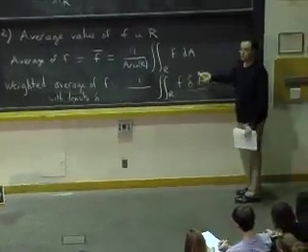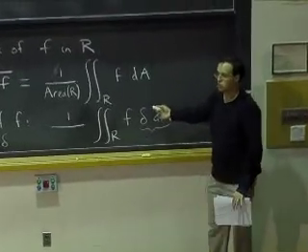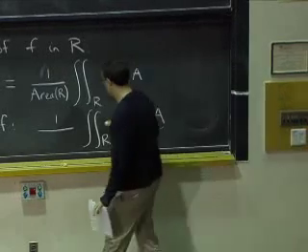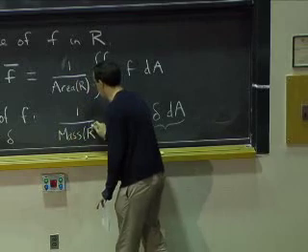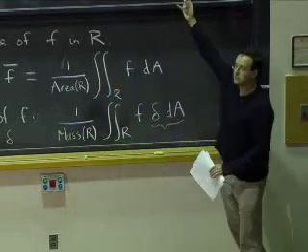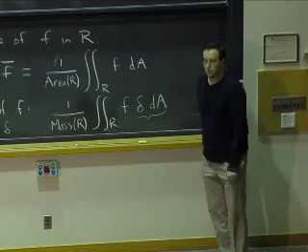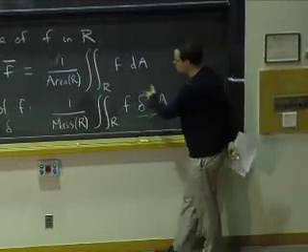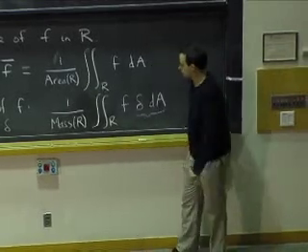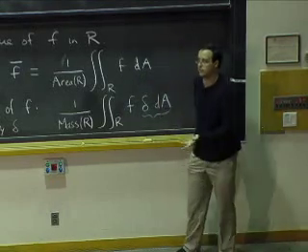Because this would correspond to the mass element, telling us how to weight the various points of our region. And then we would divide by the total weight, which is the mass of the region, as defined up there. Okay? So, if the density is uniform, then of course the density gets out and you can simplify and reduce to that if all the points are equally likely.